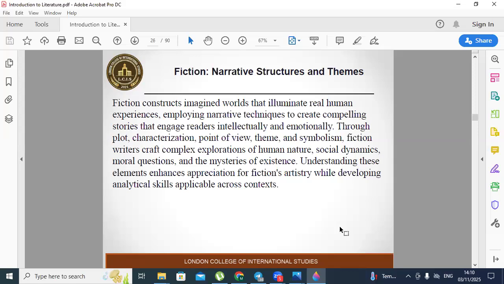Through plot, characterization, point of view, theme, and symbolism, fiction writers craft complex explorations of human nature, social dynamics, moral questions, and the mysteries of existence. Understanding these elements enhances appreciation for fiction's artistry while developing analytical skills applicable across contexts.